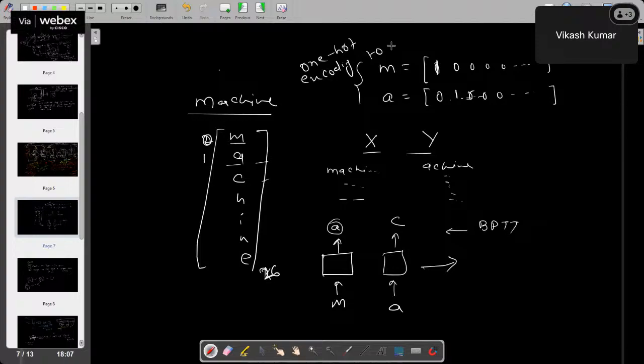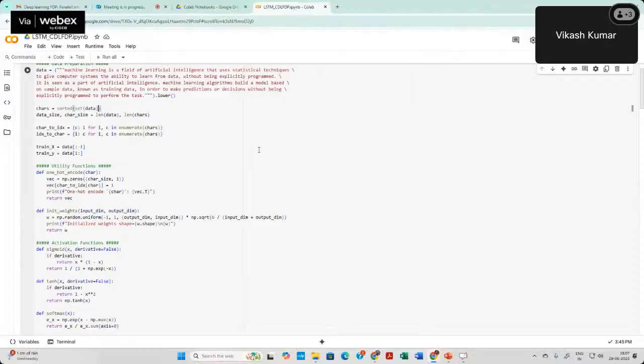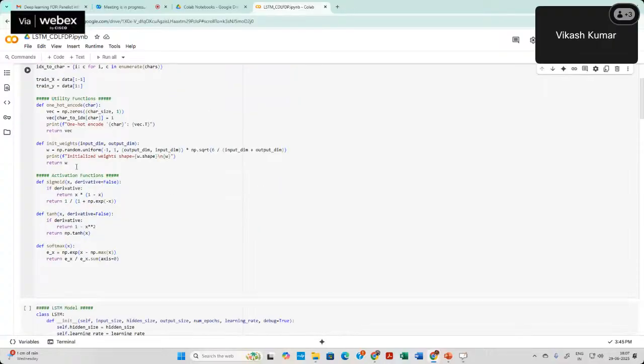To basically map the characters. Okay. So these encodings will be fed as an input to your model. Now we need to initialize the weight vectors. Okay. So this is the definition, the function that we use.